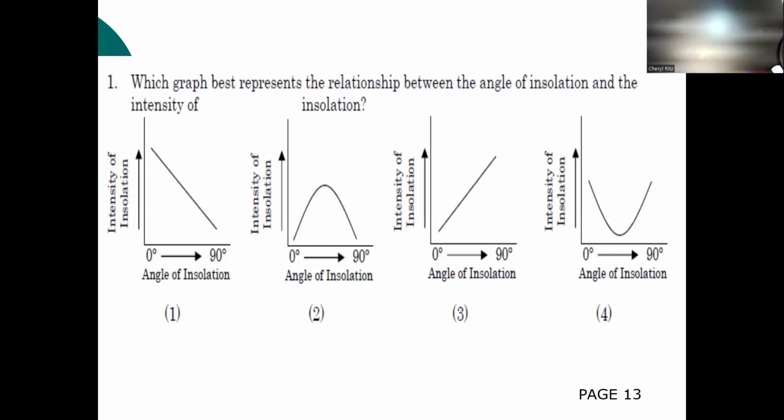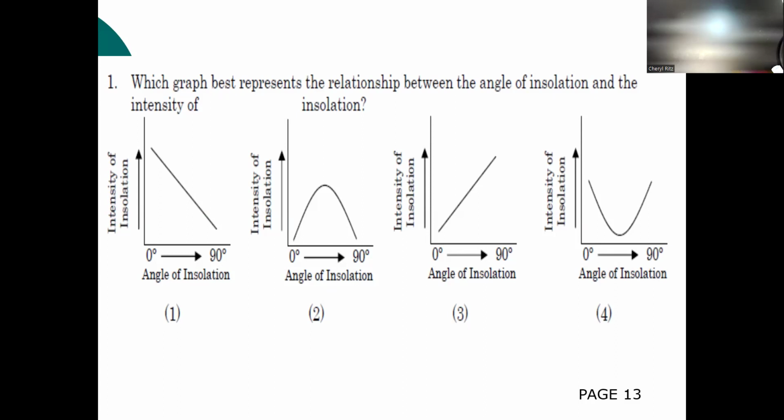How about if we make it up to 90 and the sun is directly over our head? Strong. The higher the sun, the stronger it is. What about in the middle? Warm, so in the middle, it'll be like a medium intensity. So which one of these says when it's at the ground, it's weak, when it's straight above, it's strong, and when it's in the middle, it's in the middle?